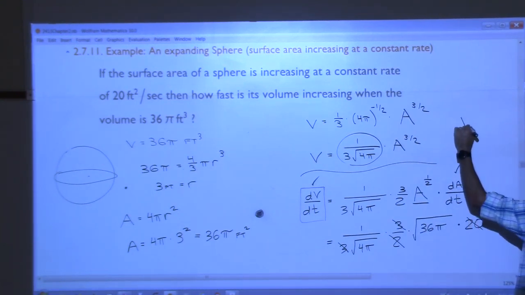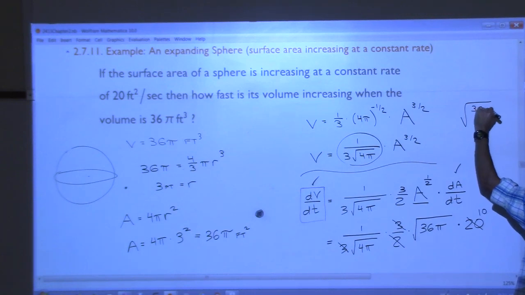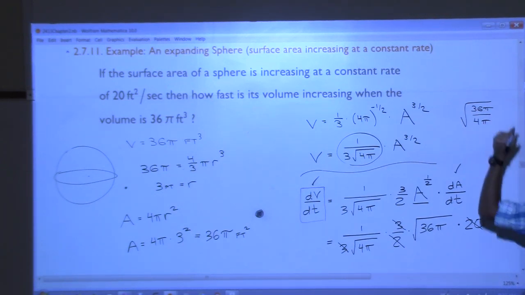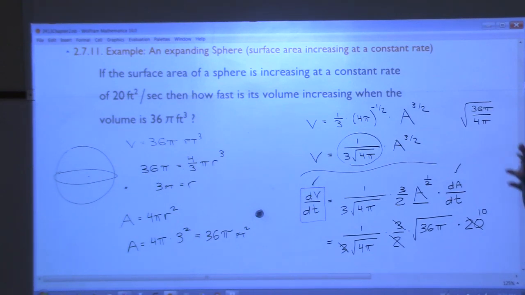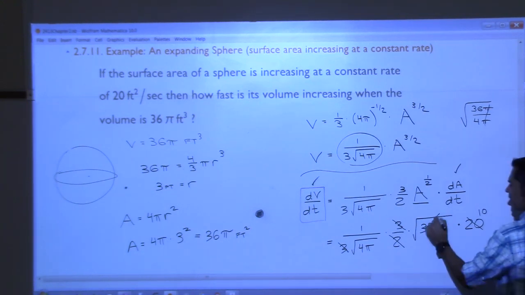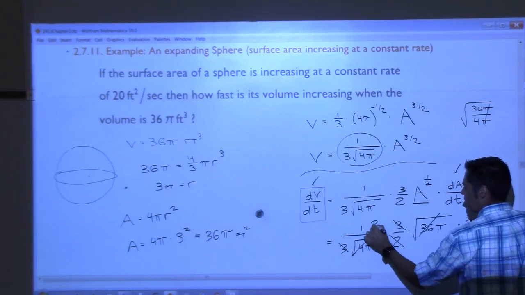In other words, I can do 36 pi over 4 pi. That's totally a legitimate algebraic move. If you have two roots in a fraction, you can just make them into one root. And that's what? Root 9? Root 9, all right, pi's cancel, 36 divided by 4 is 9. So root 9 is really 3. So this and this are going to become a 3. I'll just slap it right there.